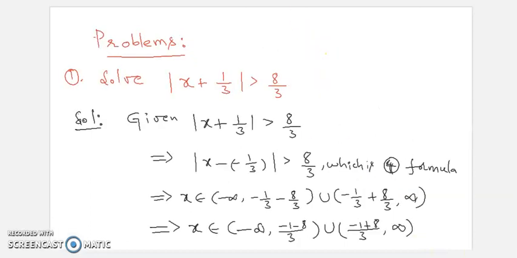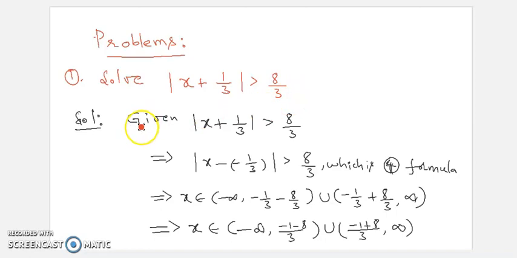Now coming to the problems on inequations involving modulus. First problem: solve modulus of x plus 1 by 3 greater than 8 by 3.